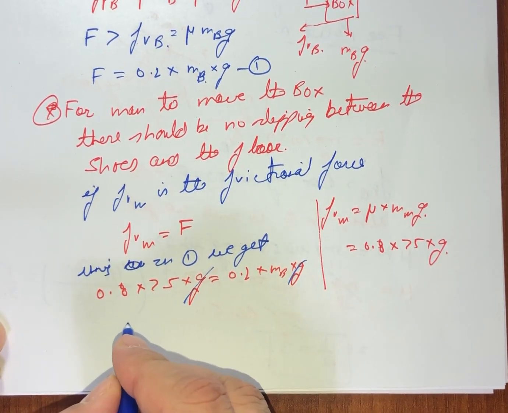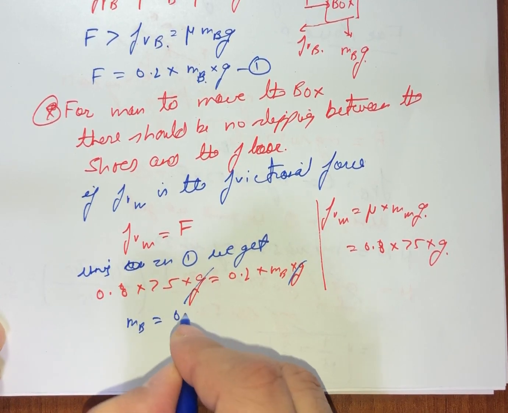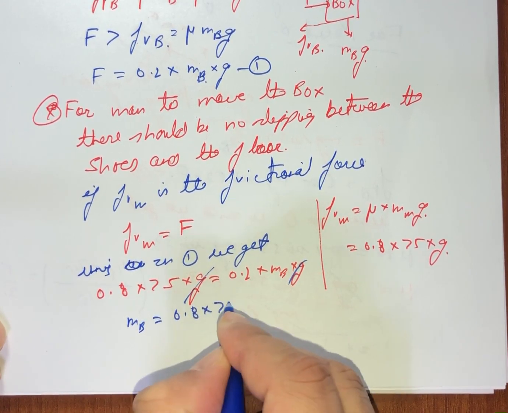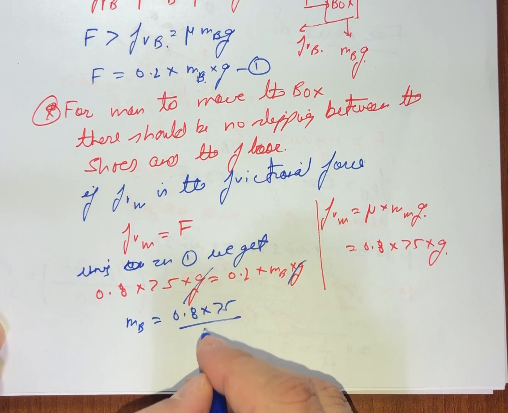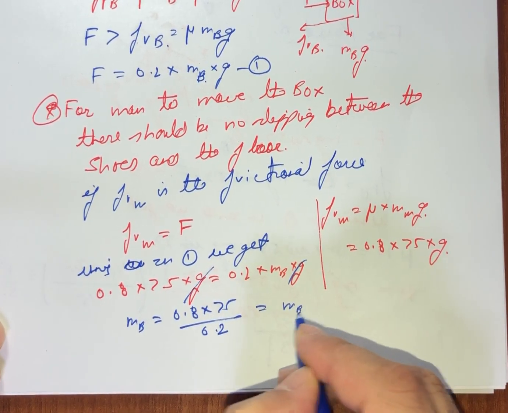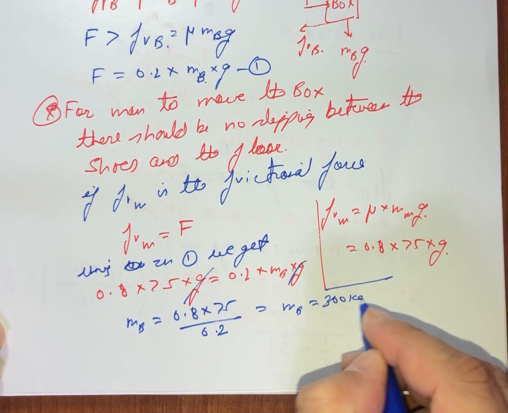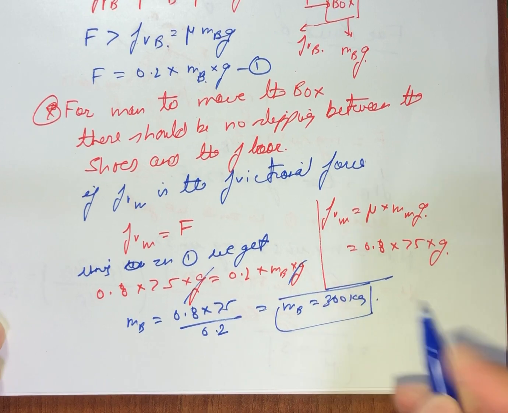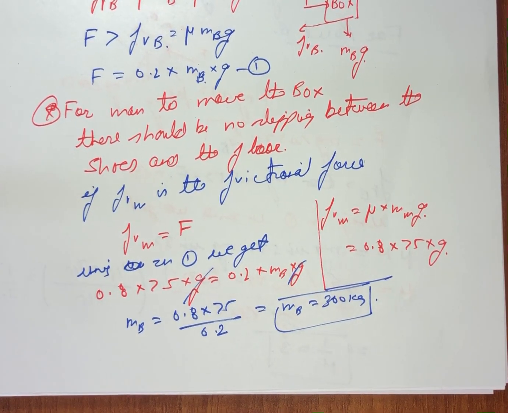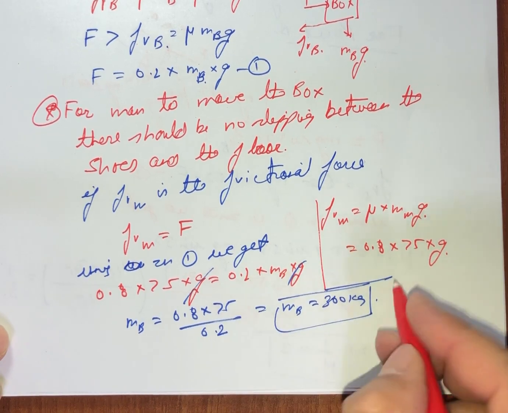So from here we can say our MB is equal to 0.8 into 75 divided by 0.2, and this will be giving us MB is equal to 300 kg. So we can say this is the maximum mass of the box.